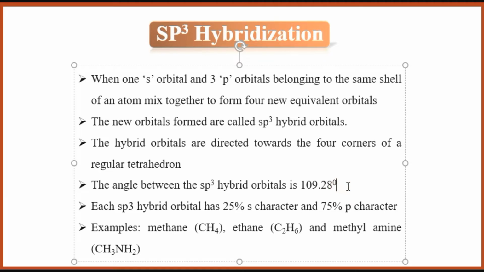And in this case, every sp3 hybrid orbital would have 25% s character because there is one s orbital and 3 p orbitals, and so there would be 75% p character. For example, methane, ethane and methylamine. In the case of methylamine, both carbon and nitrogen atoms would follow sp3 hybridization.